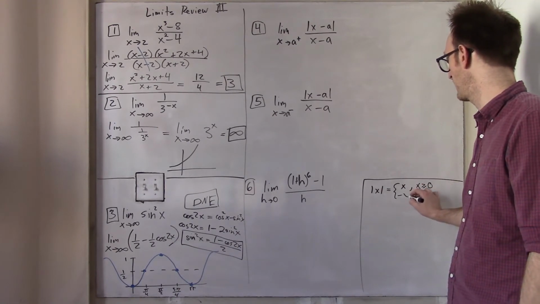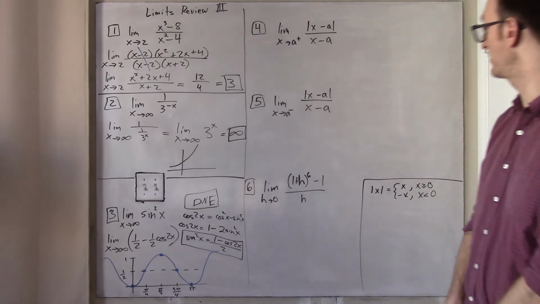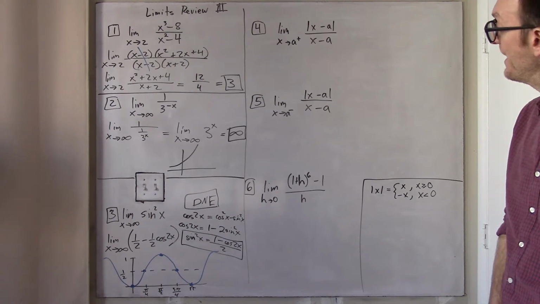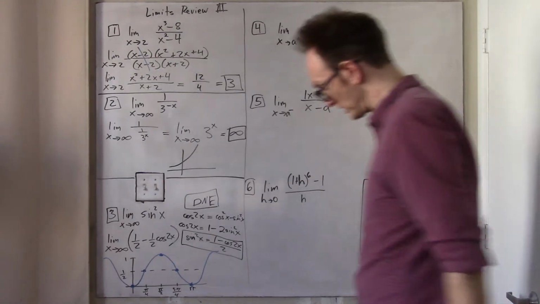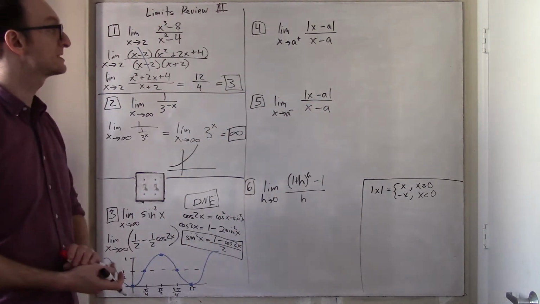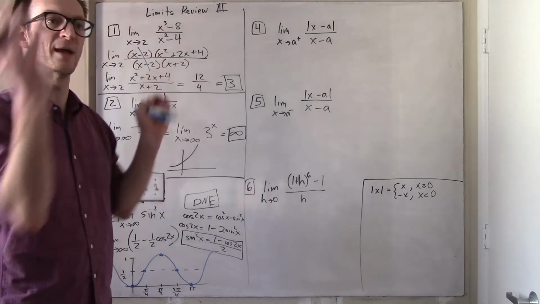But if the thing on the inside is negative, then put a negative in front of it, therefore making it positive. So, one way to approach this problem number 4 is to do it analytically. That is to say, we shall analyze the absolute value by analyzing it away, by getting rid of it.